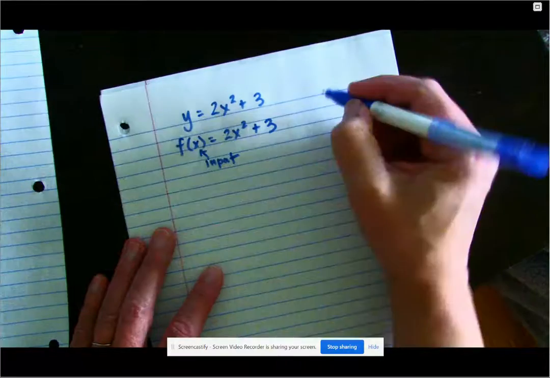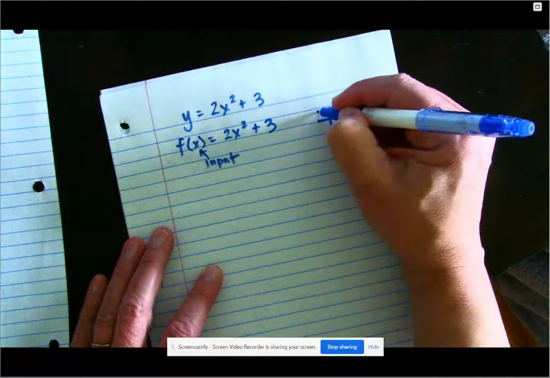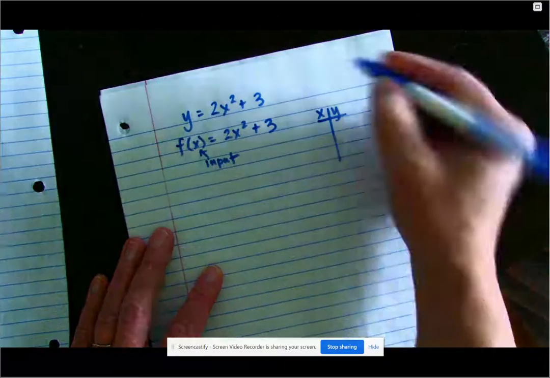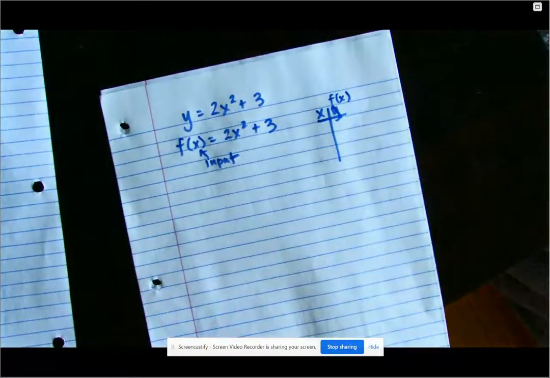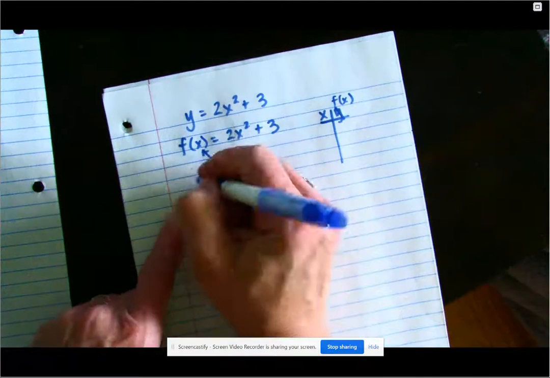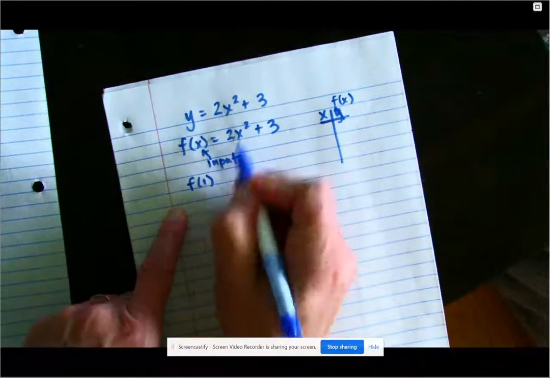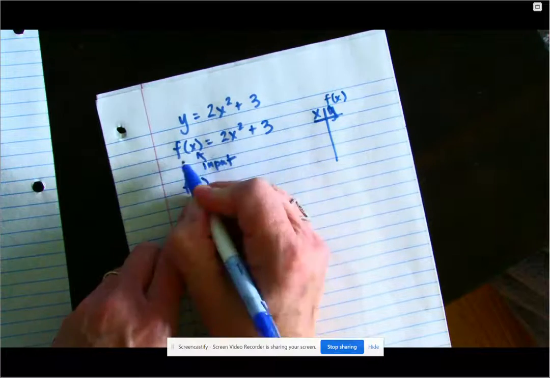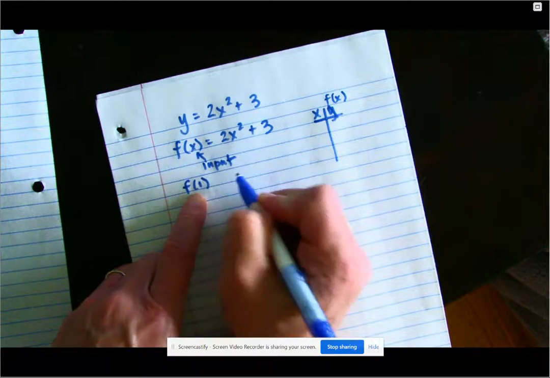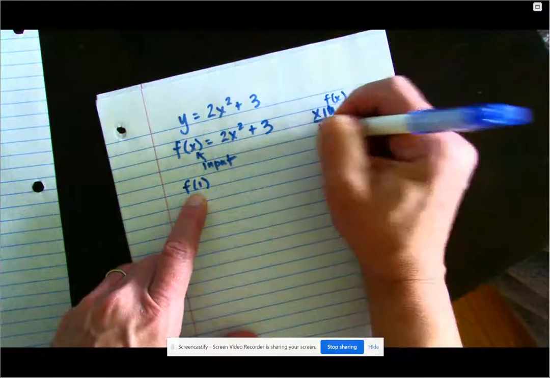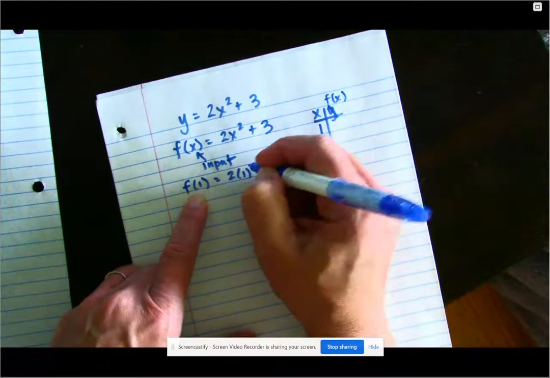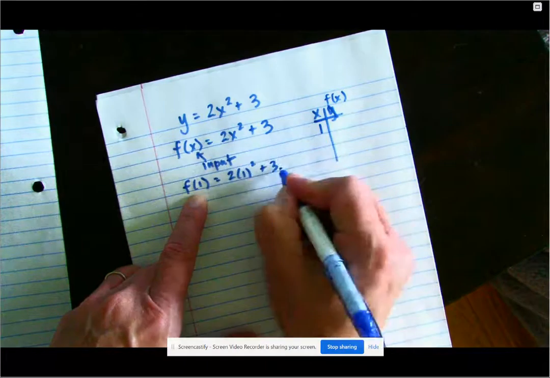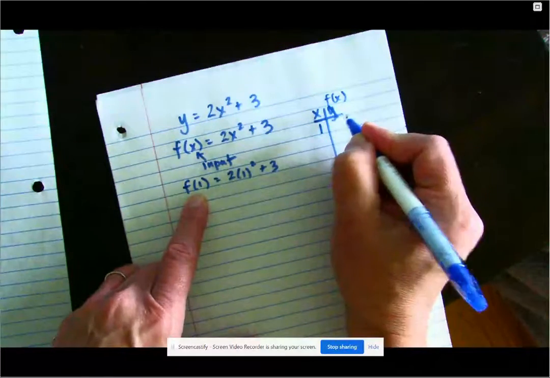If we made a t-chart, instead of y we're thinking x and f of x. If somebody said, what is f of 1? This is your function. It's asking, what would the output be when the input is 1? What would happen if you plugged a 1 in there? Then you would put the output there.